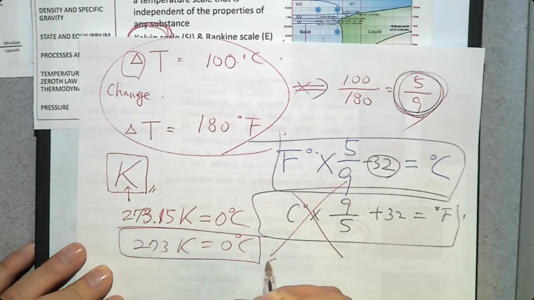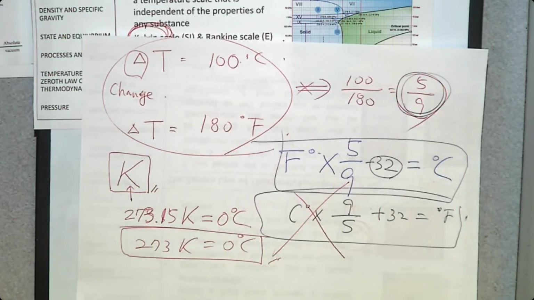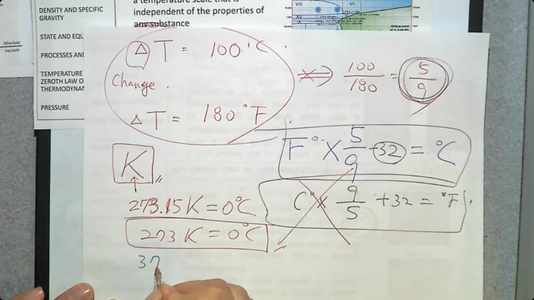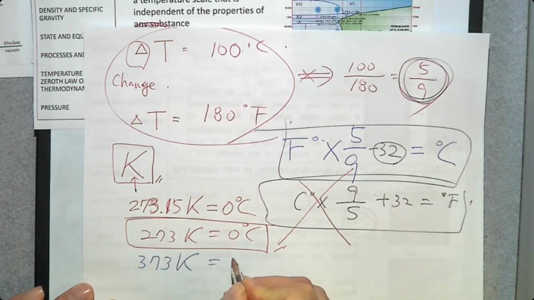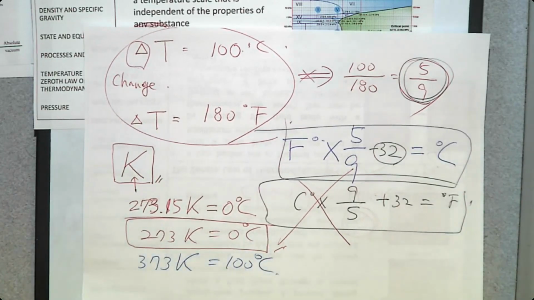We are engineers, we're not scientists. This one is fine. Then what is the boiling point? 373 Kelvin, which is 100 degrees Celsius. Oh, wait a minute. The change in Kelvin is 100. The change in Celsius is 100. So 1 degree Celsius increase is the same as 1 degree Kelvin increase. So they're not much different.